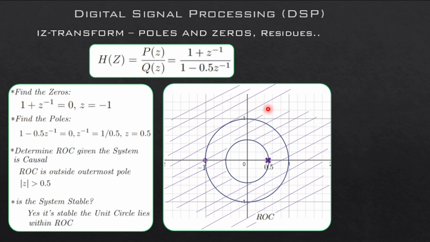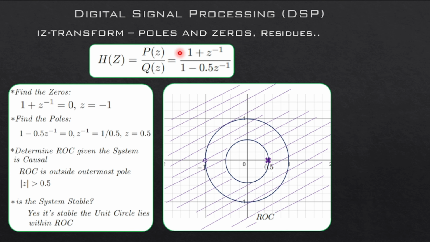Let's do another example. Hz is equal to Pz over Qz. That's a more simplistic example, which is equal to 1 plus z to the power minus 1 divided by 1 minus 0.5 z to the power minus 1. Let's find the zeros at first. So 1 plus z to the power minus 1 is equal to 0.